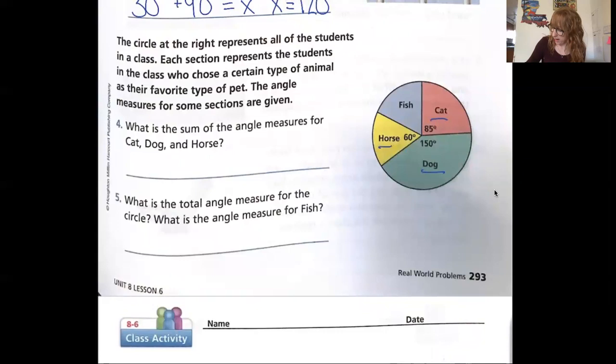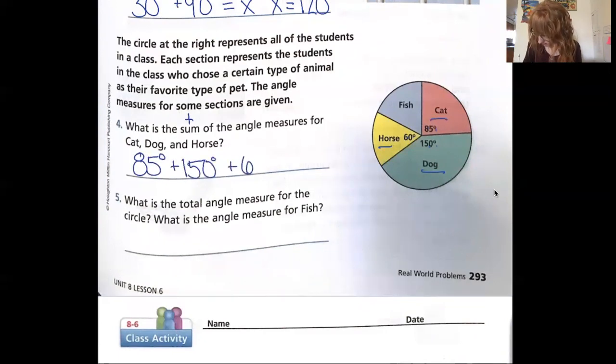We know cat, dog, and horse. We have 85, 150, and 60. The word sum tells us to add. So we're going to add those 3 angle measures, and we know them, so there's nothing tricky about it. We'll even do them in order: 85 degrees plus 150 degrees plus 60 degrees equals x.